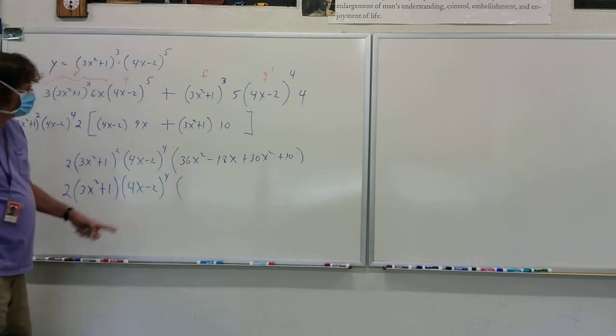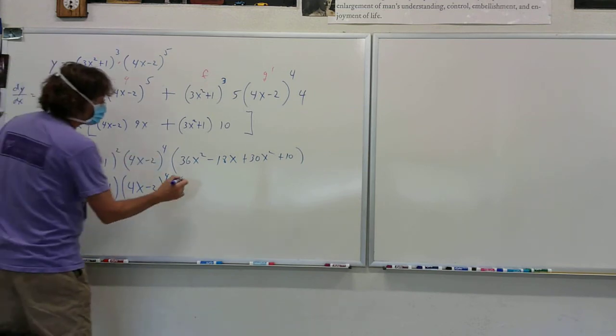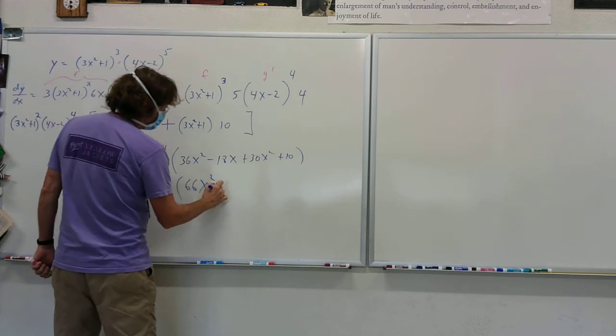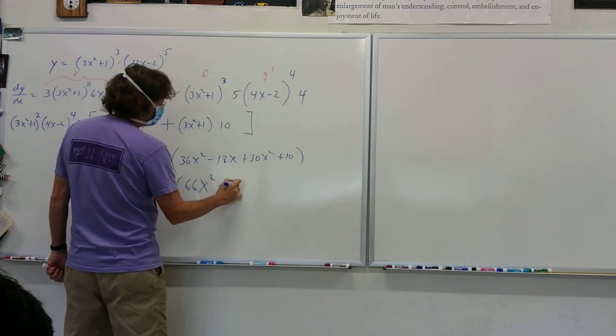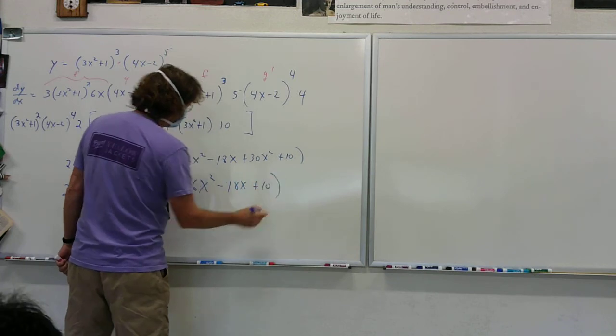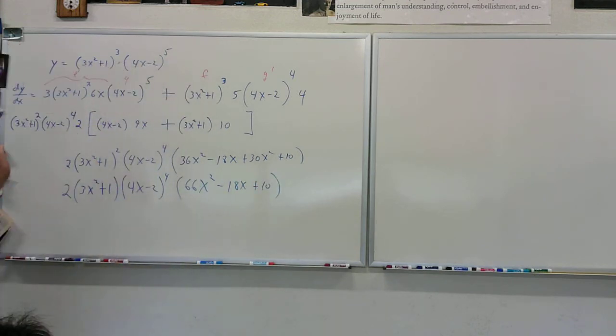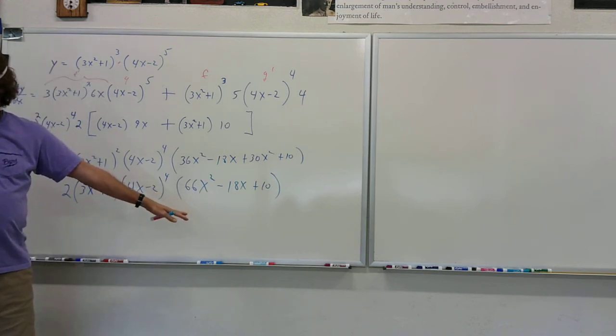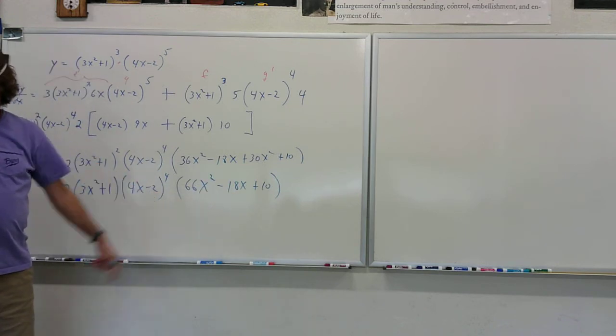And that would just become what? 66x squared minus 18x plus 10. And I'm thinking I lost something else that I could have factored out along the way. Oh, yeah, the 4x minus 2, I could have factored what out of that? 2. So you could factor another 2 out of that if you really wanted to, right? Everybody okay? You can factor another 2 out of that?